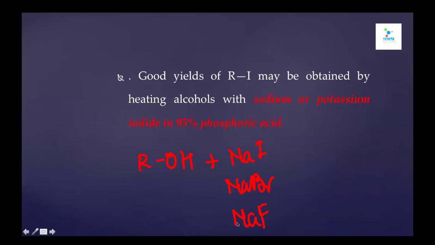Actually this one should not be there. It should be KI, and when these are prepared in phosphoric acid, H3PO4, it will lead to form RI.